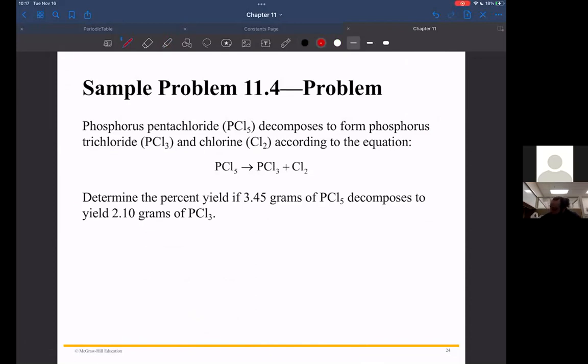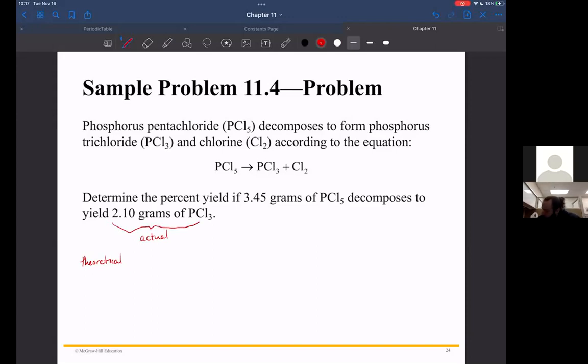Okay, so our actual amount that we got at the end of the experiment is this. This is our actual yield, the 2.1 grams of phosphorus trichloride. In order to get the theoretical yield, I have to use my stoichiometry, right? So this is going to be using the balanced chemical equation here.